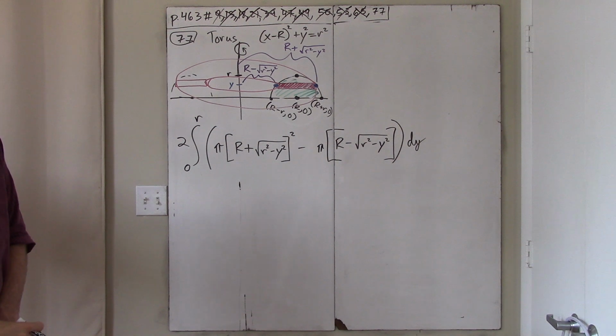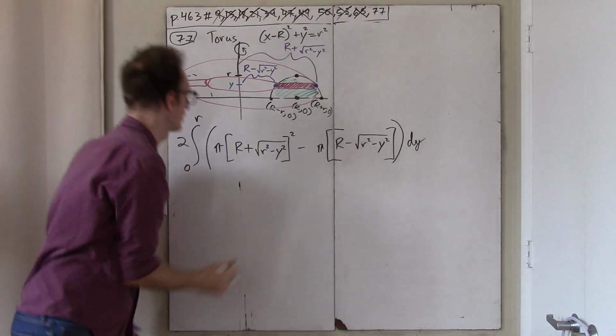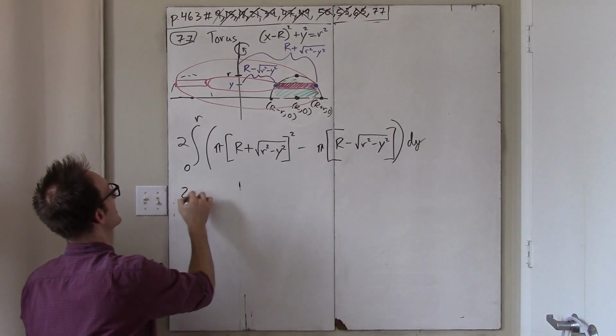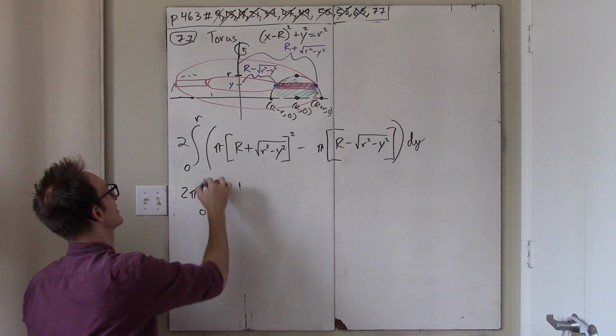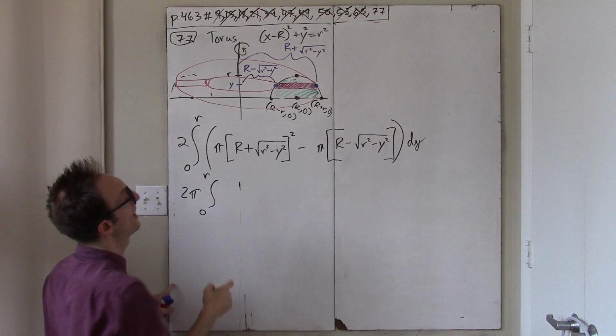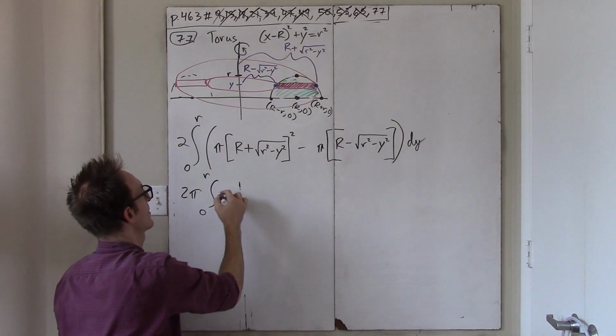Whew. I don't know if I needed to go through both boards here, maybe I do, because this becomes 2 pi times the integral from 0 to little r of, just multiply this out, what do I get?